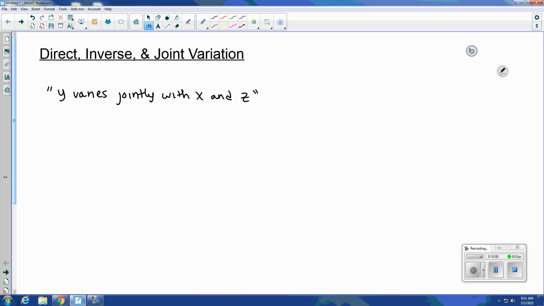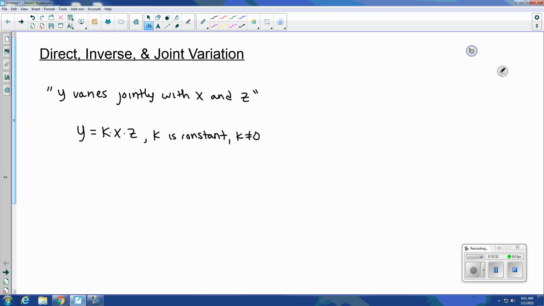This is a case where we have y equals, we'll have some constant k, because we don't know how y is going to vary, times x times z. So k is our constant, cannot be 0.